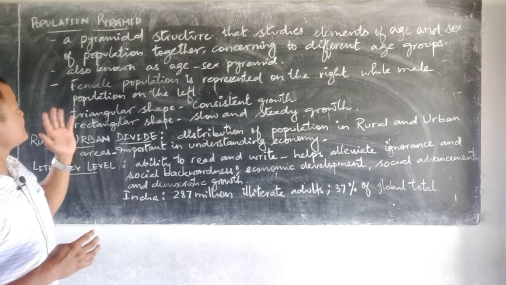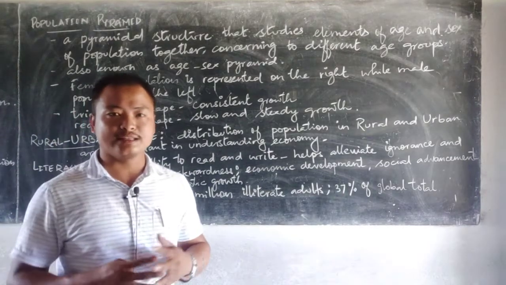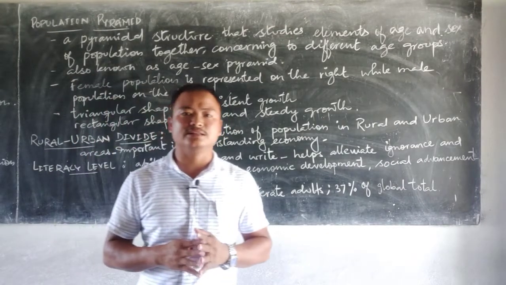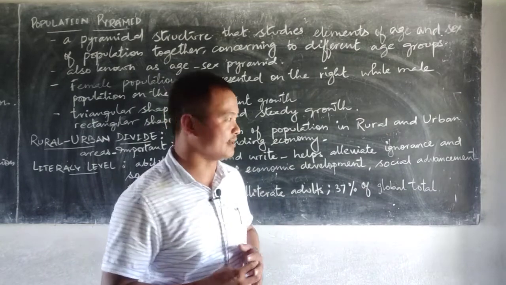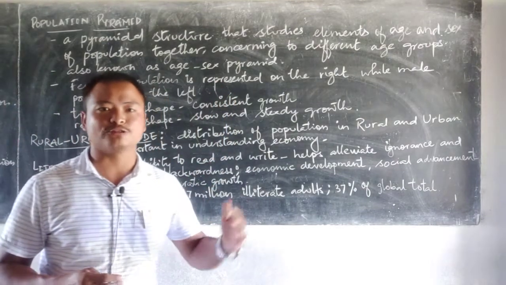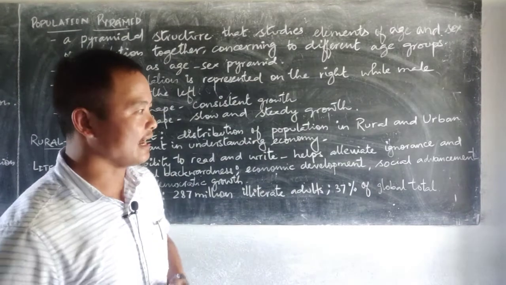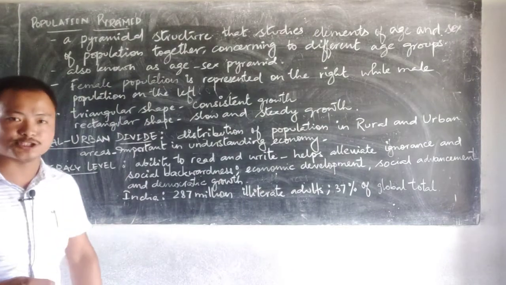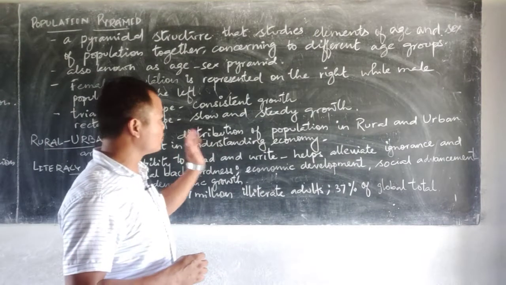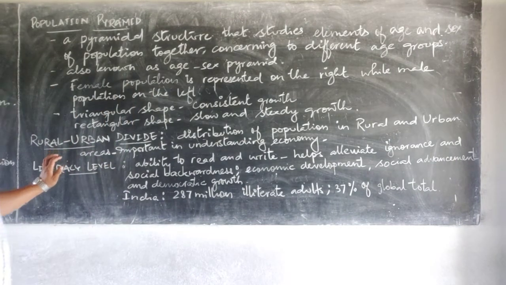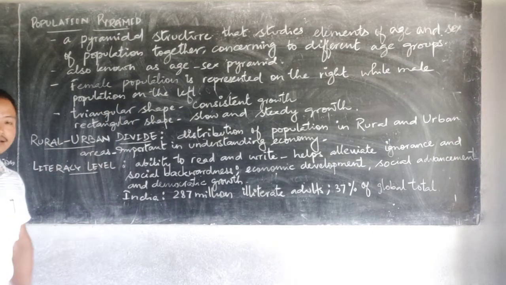If the population pyramid is triangular in shape, then we consider that the growth of population is quite consistent, with not much fluctuation. If it is rectangular in shape, then the population growth is quite slow and steady.